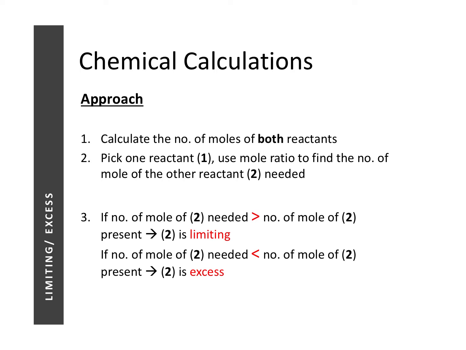Once you have found the number of moles of the other reactant that's needed, you need to compare with the number of moles of the other reactant that's present. If the number of moles needed is more than the number of moles present, then that reactant is limiting. If the number of moles needed is less than the number of moles present, then the reactant is in excess.